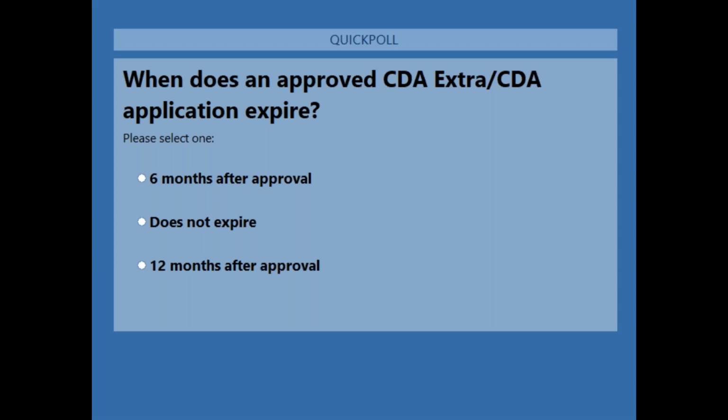Just give it a few more minutes. We just want to make sure folks have an opportunity to submit their response. But it's looking like most of you are appreciating what that time period is. Any application approved under CDA Extra and CDA is available to you for disbursement activity for 6 months. Once we reach the 6-month mark, the application closes and there would be no further access to the application.